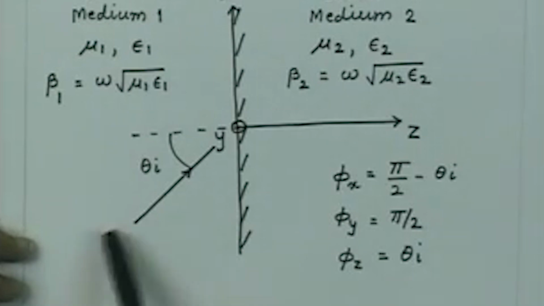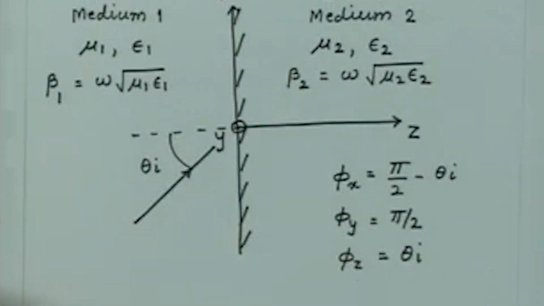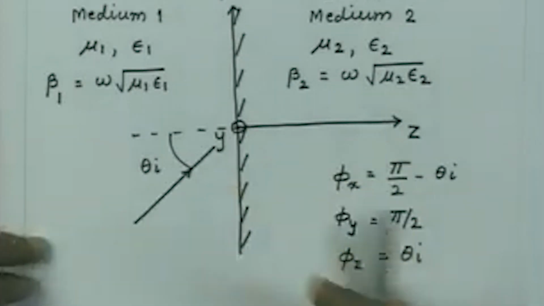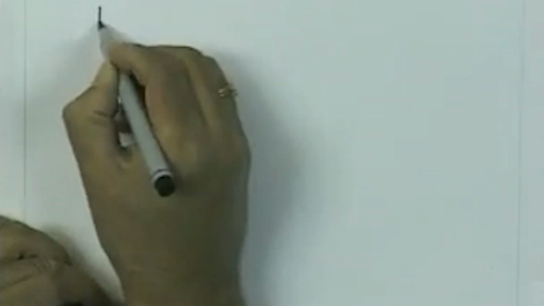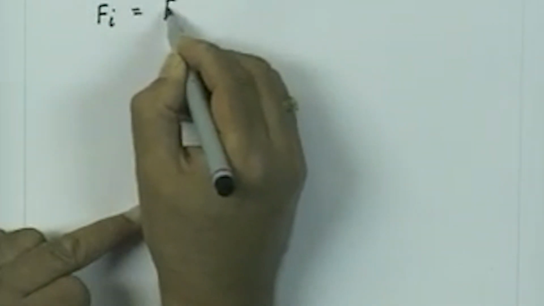So let us say I have some field which is represented for this wave, which has a vector, and the phase function will be given as we saw last time as follows. Let us say I have some field which is incident, and let me call that Fi, where F could represent the electric field or magnetic field, which has a magnitude term.